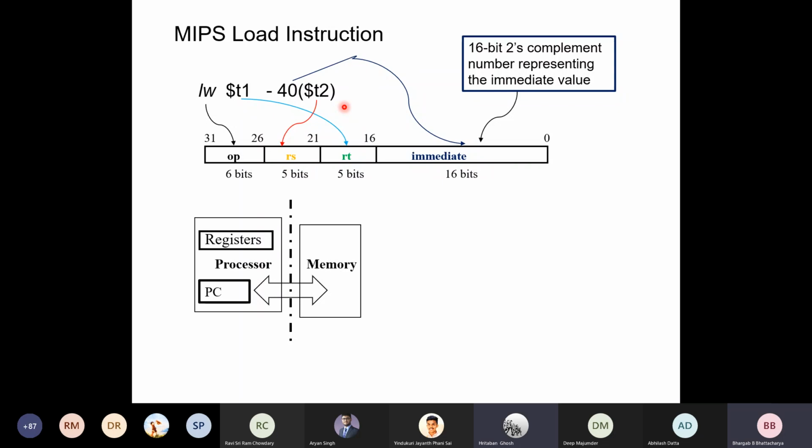That address should not be loaded into the program counter. It should be loaded in a separate data address register, because the program counter is reserved only for storing the address of instructions, not of data. So remember this definition, this subtle point. That's why I asked you to explain the sequences.